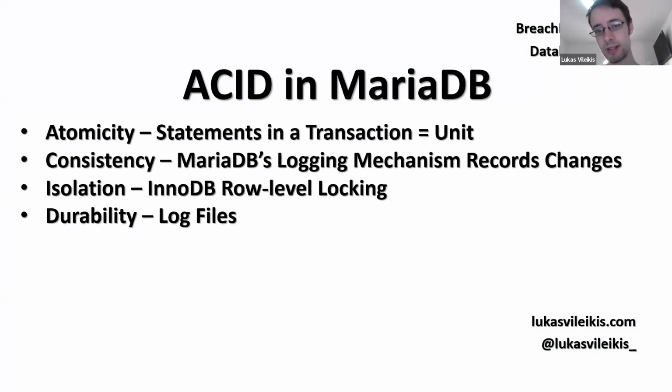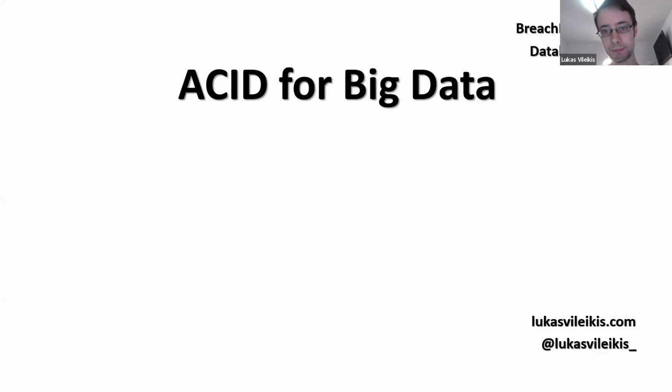Consistency means that MariaDB has a logging mechanism, which I will also walk you through in the workshop part of this tutorial, that records all of the changes to the database, and log files are usually scanned through when you are recovering your database from a backup, from a crash. Isolation refers to row level locking, which means that certain rows will not be able to be accessed during some sort of process. I'll walk you through that in a second as well. And durability comes down to log files.